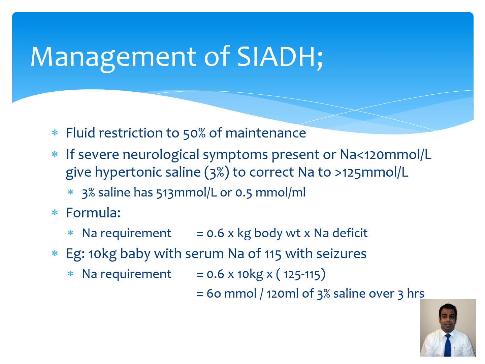So you need to correct the serum sodium rapidly, at least up to 125. So sodium requirement is 0.6 into 10 kilos, into the deficit, which is 125 minus 115. So basically the requirement is for 60 millimoles.